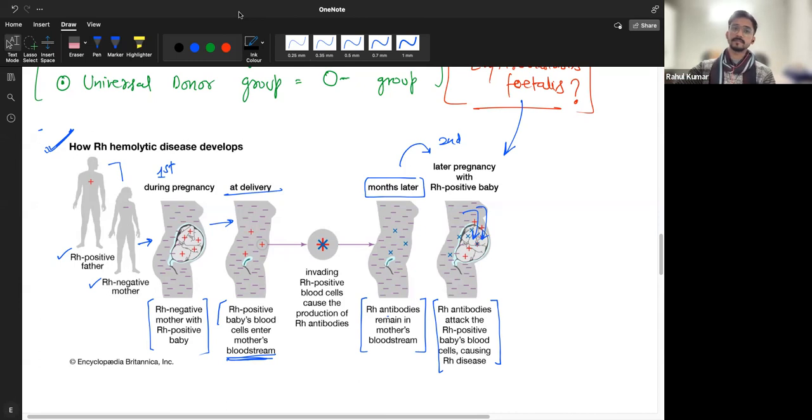Is it clear? Yes, but will those antibodies affect the second child? No, because they won't stay there for that long, since they are not the mother's own produced antibodies. They will degrade after some time. They are the antibodies we are putting in from outside. So the mother's immune system does not know about them, right?